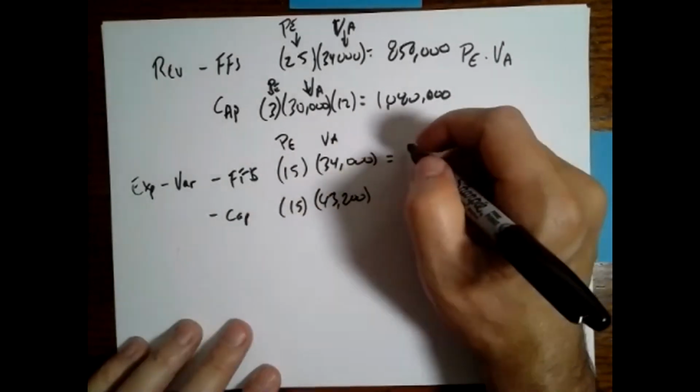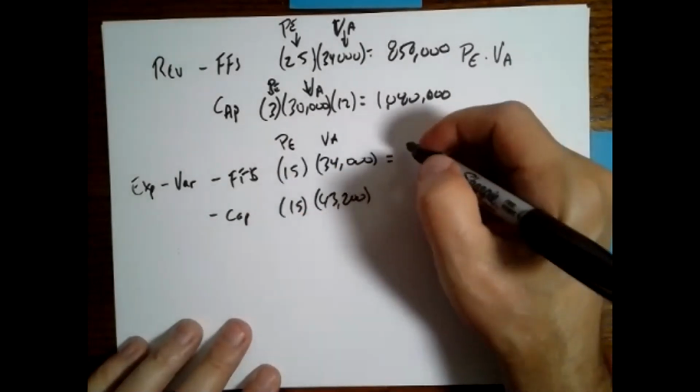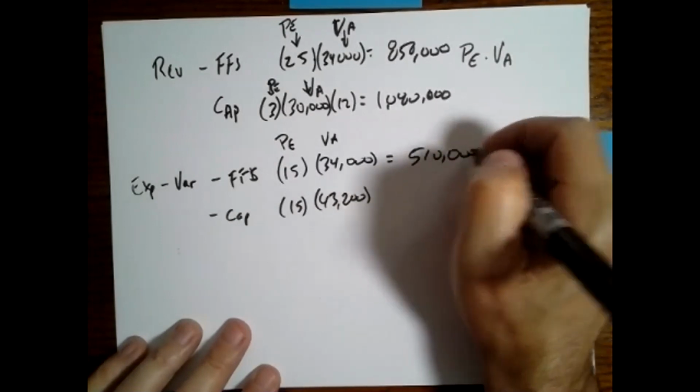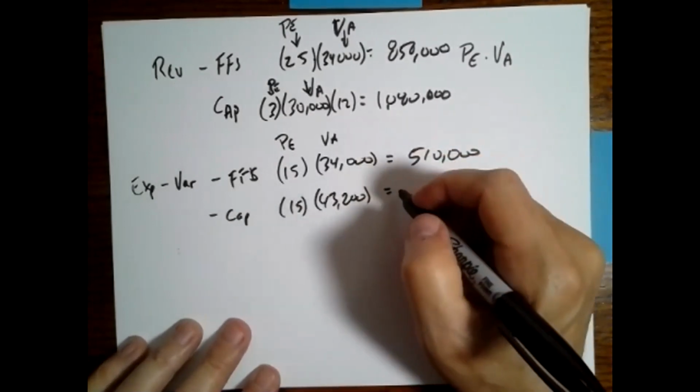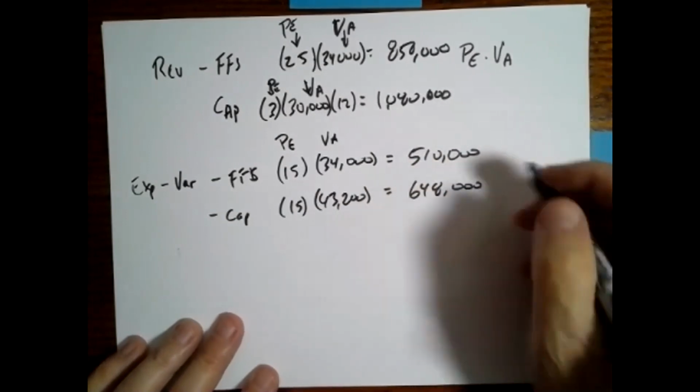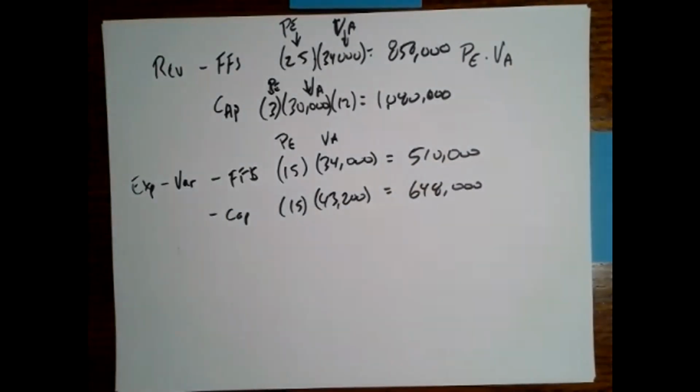So 15 times 34,000 is $510,000. 15 times 43,200 is $648,000. So let me toggle over to our spreadsheet.